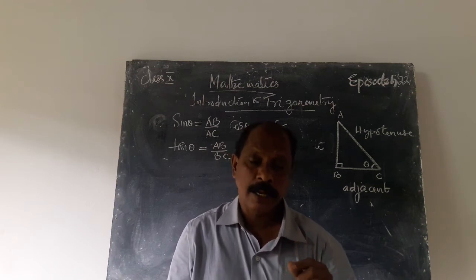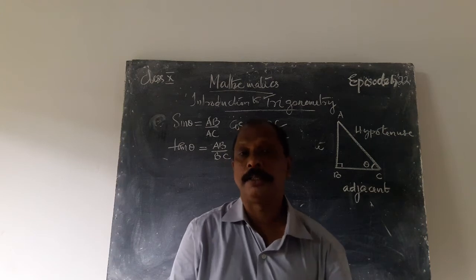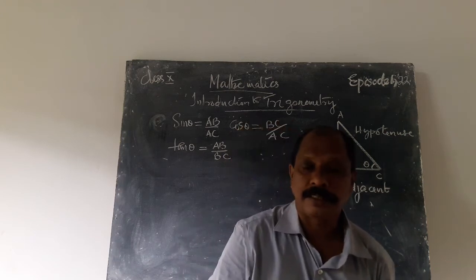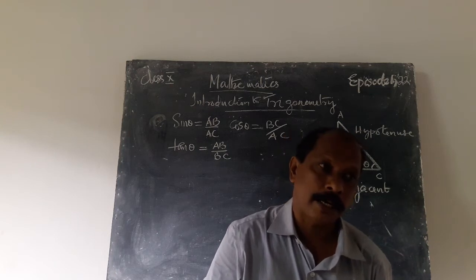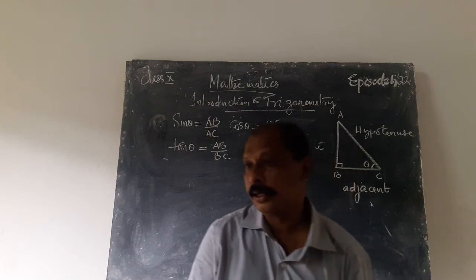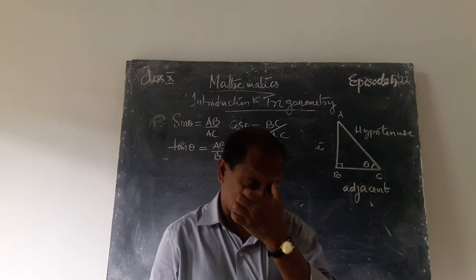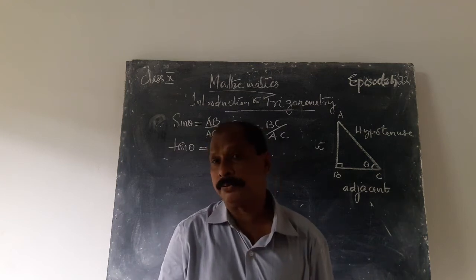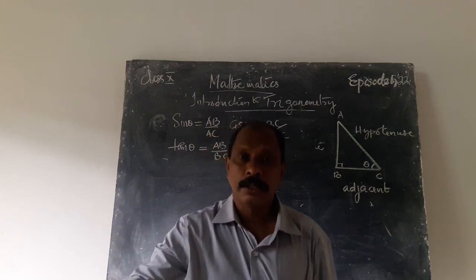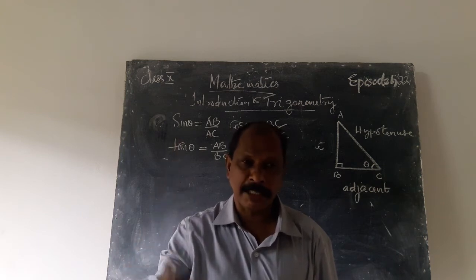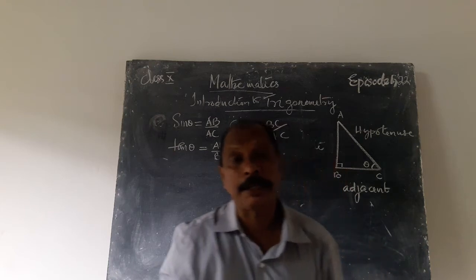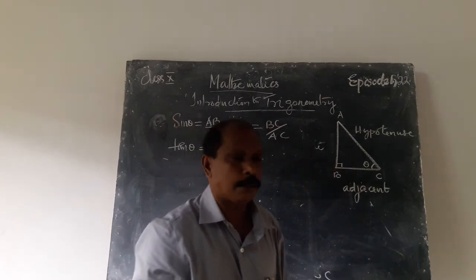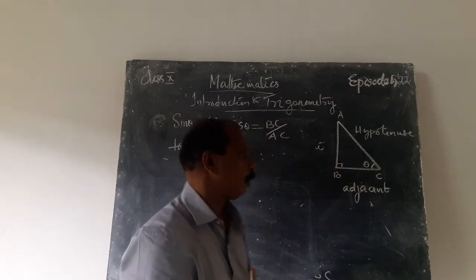Therefore, 0 is the additive identity and 1 is the multiplicative identity. 5 into 1 by 5, we get 1. Therefore, 1 by 5 is the multiplicative inverse of 5. That is the reciprocal of 5. Reciprocal means numerator and denominator interchange, we get the reciprocal.